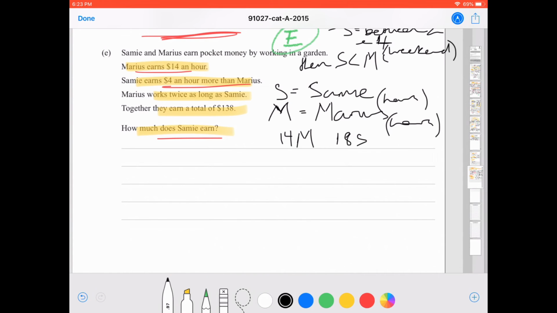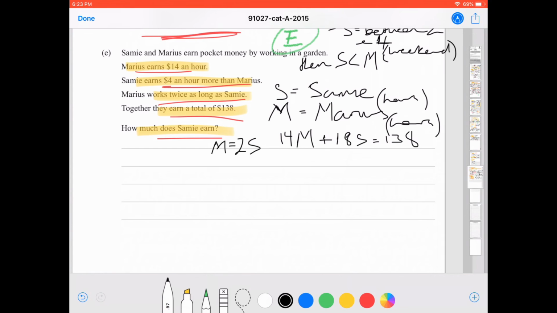And if Marius works twice as long as Sammy, then we can say M must equal 2S. Okay, I hope this is all making sense. Lastly, together they earn a total of $138, meaning 14M plus 18S equals the total $138. Okay, so we've got two equations here.